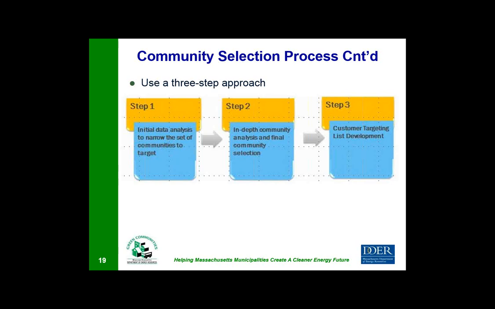Once we identified those communities, we did a more in-depth analysis. We called the second step looking at these pre-qualified communities, as we call them, and really using that step to develop a final list the PAs would use for this initiative. So I want to talk about each of these steps a little bit more in depth.